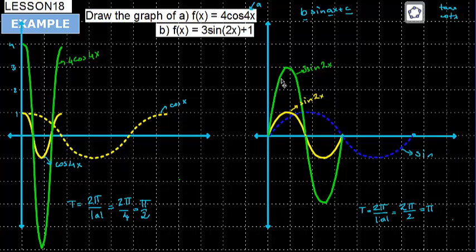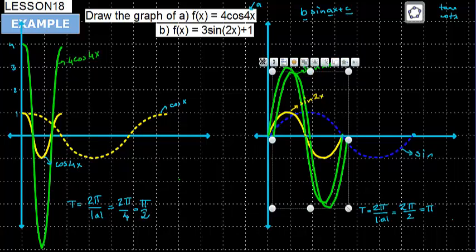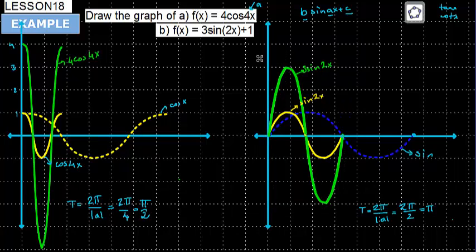Okay, 3 sine 2x plus 1. I'm going to copy this one again. And this graph, ladies and gentlemen, this 3 sine 2x graph, is going to move 1 unit up, and it's going to be 3 sine 2x plus 1. If you move 1 unit down, it will become 3 sine 2x minus 1.